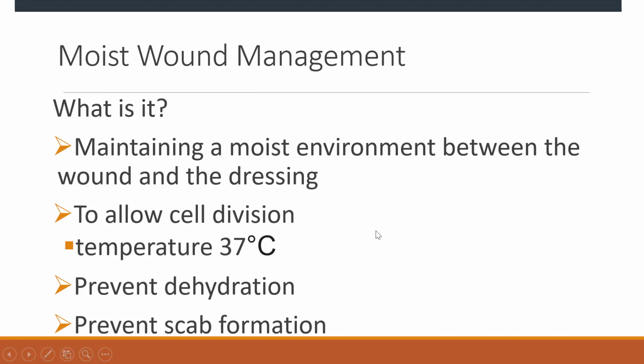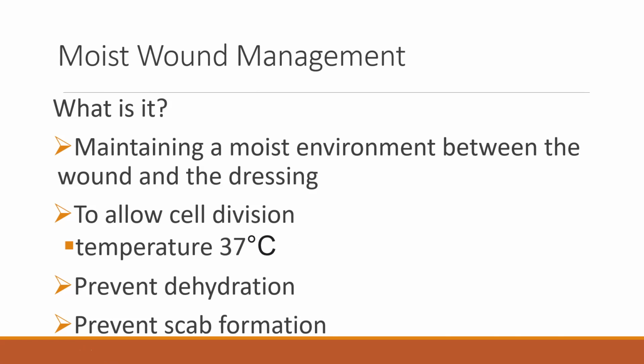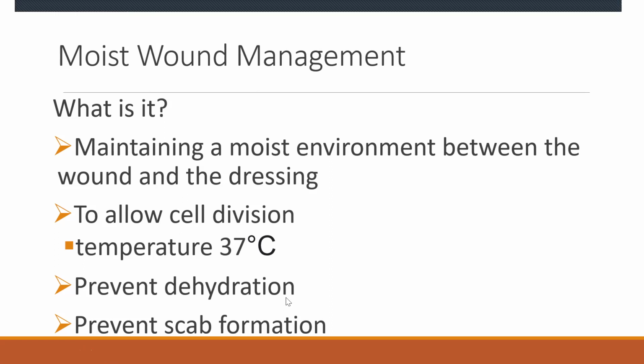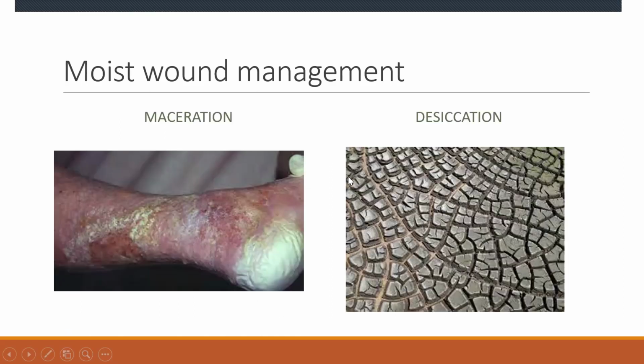And also if you can cover it with a good, modern dressing to prevent dehydration. That environment, moist wound management, can also cause less scarring. So that is moist wound management.